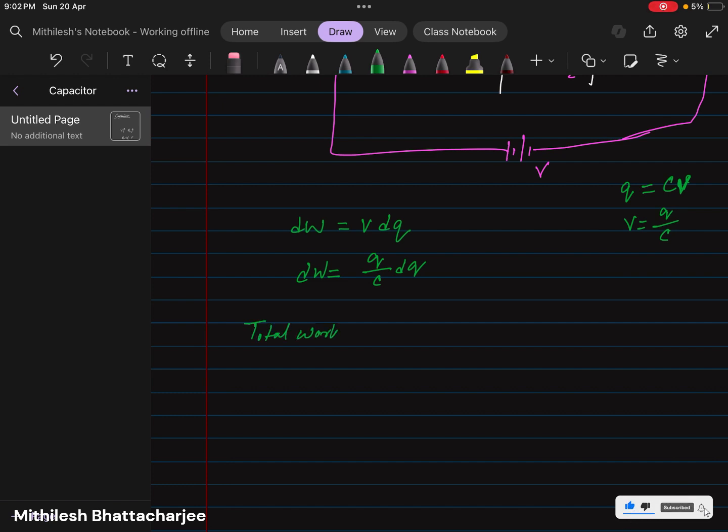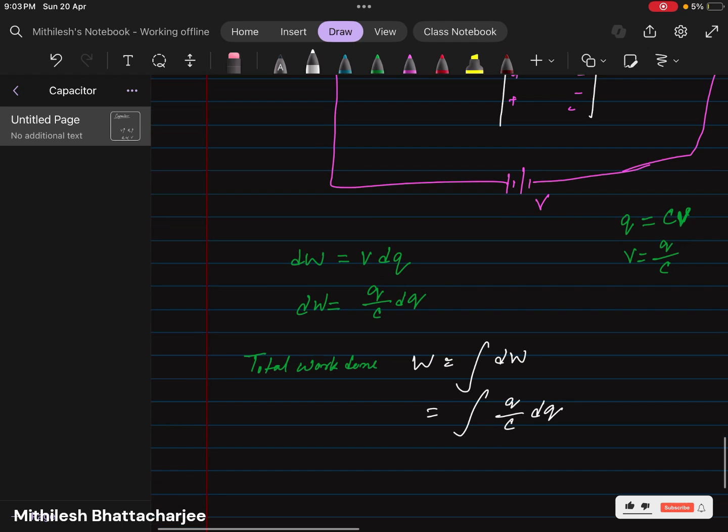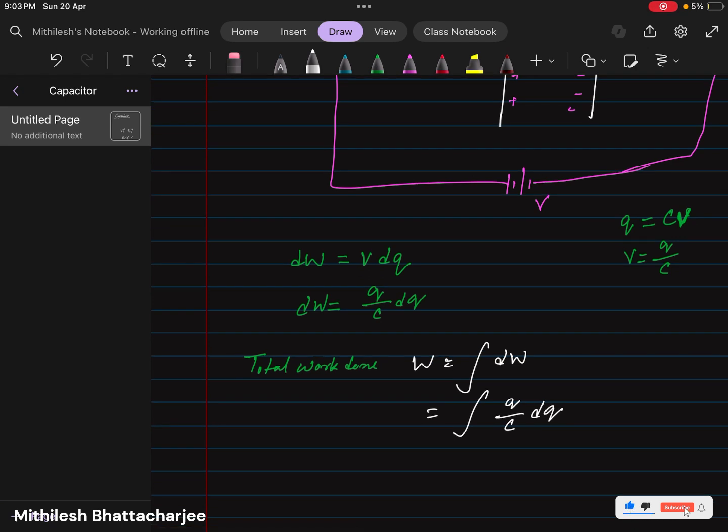Okay, so now say the total work done will be how much? Total work done will be just the integration of dW, which is equal to the integration of q by C into dq. Now what will be the integration limit?